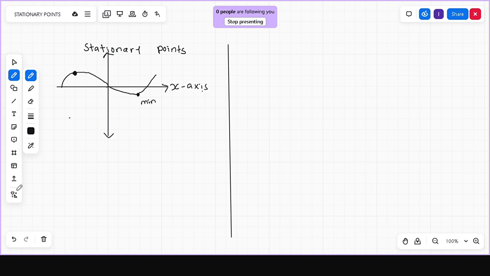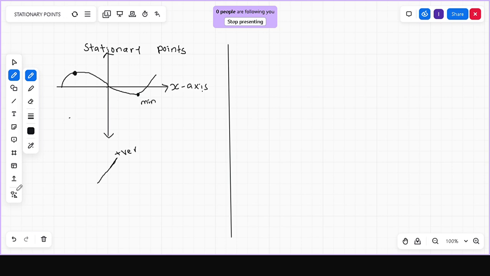So what is the difference between the maximum and the minimum point of a curve? All lines on a Cartesian plane that run from the bottom left to the top right always have a positive gradient.